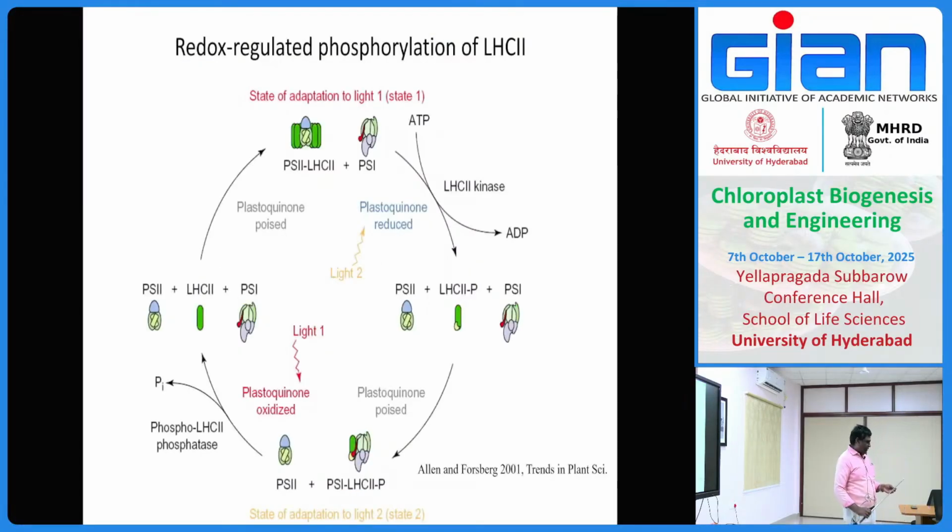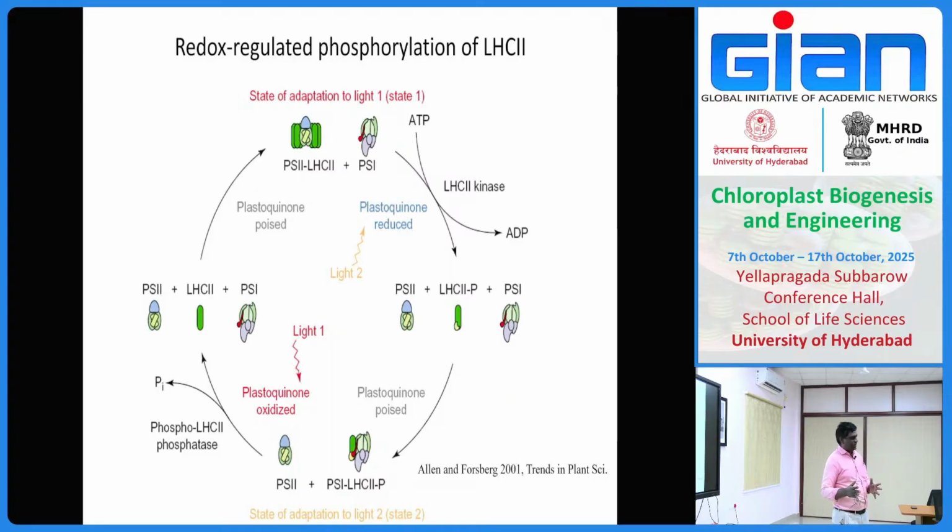There is another mechanism, as said, redox regulated phosphorylation of light harvesting complexes, which is called state transitions. By this time you might have learned what PS2 and photosystem 1 are, as described. PS2 absorbs light at which wavelength? 680 nanometer.